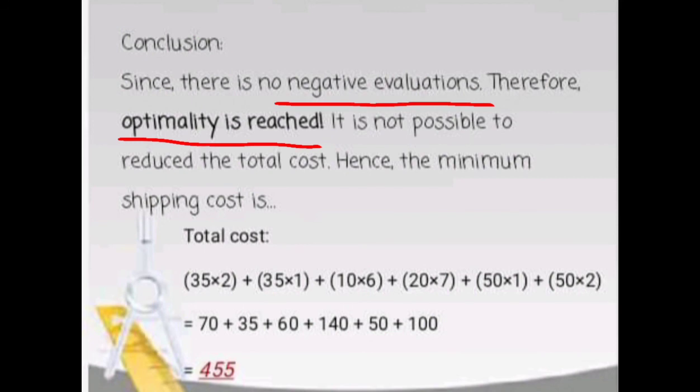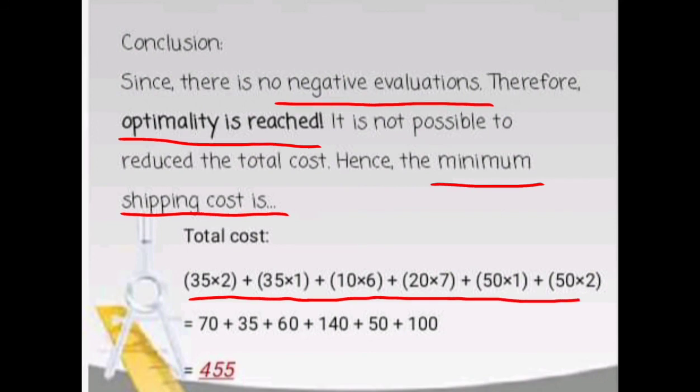Hence, the minimum shipping cost, calculated from the allocated cells, is 35 into 2, 35 into 1, 10 into 6, 20 into 7, 50 into 1, and 50 into 2. And then we add these numbers. So the total cost is 455.